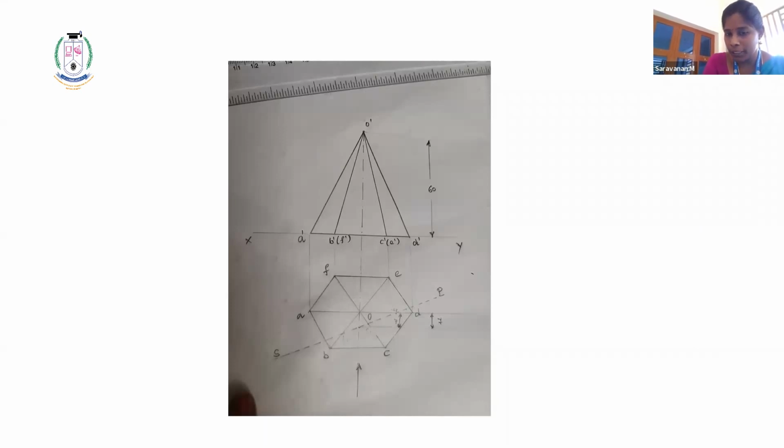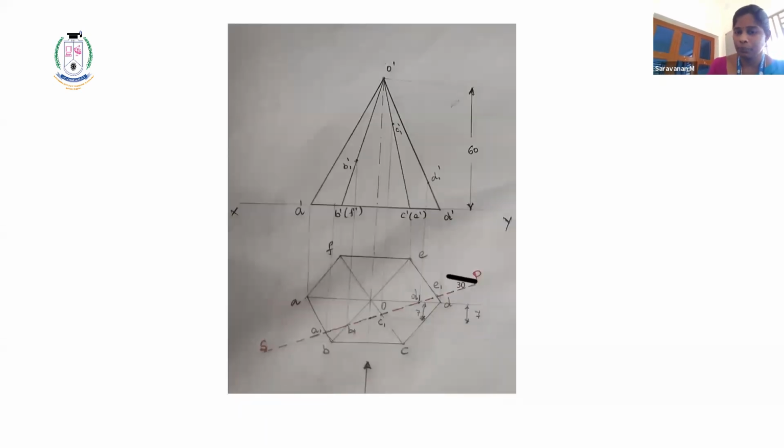I have measured 7 mm from the point O and marked a point, so that the sectional plane passes through it at an angle of 30 degrees. That's what is shown here. The sectional plane is highlighted at 30 degrees, passing through a point 7 mm below the axis.